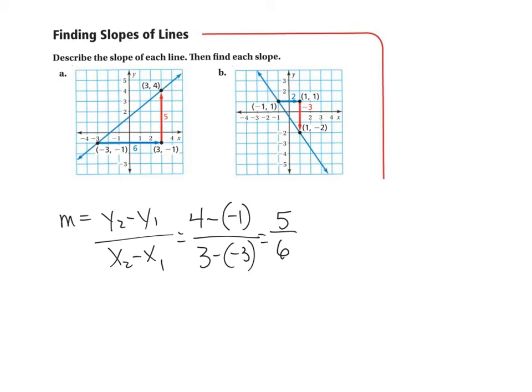And that's easily checked by looking at my rise over run. I wouldn't have seen this in a normal problem. I just would have said, okay, in order to get from this point to this point, I went up 5 and right 6. Okay, so up 5 is positive, right 6 is positive.